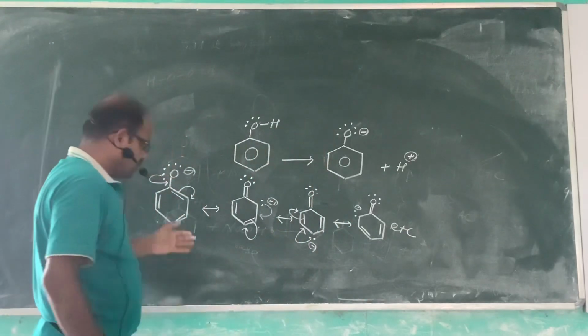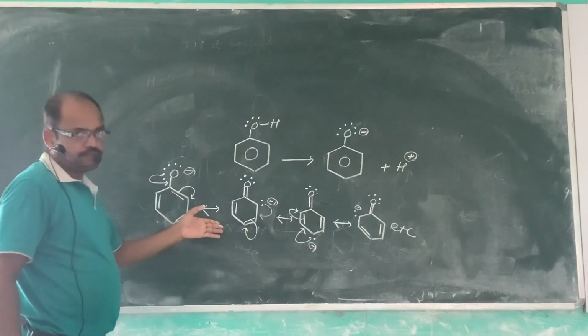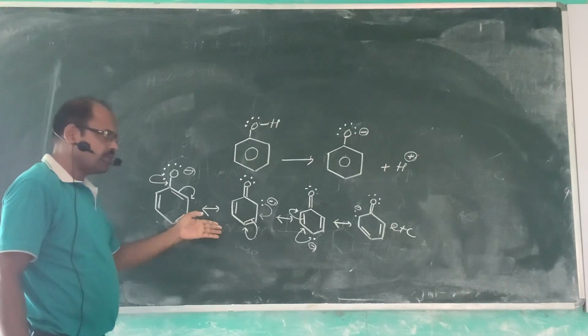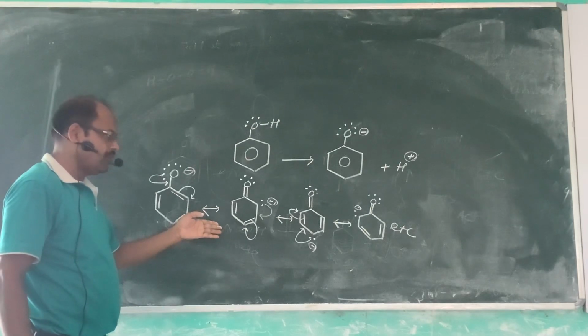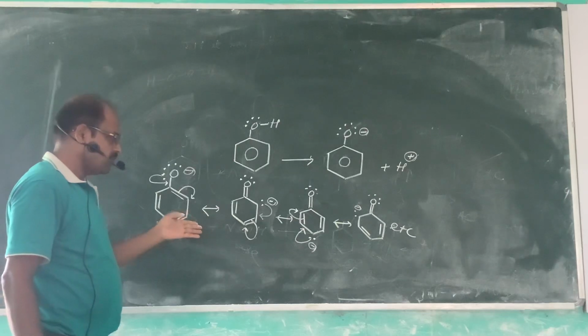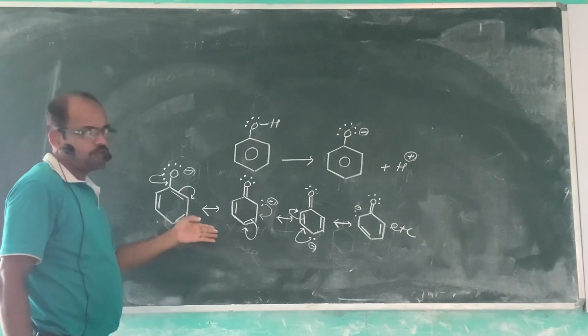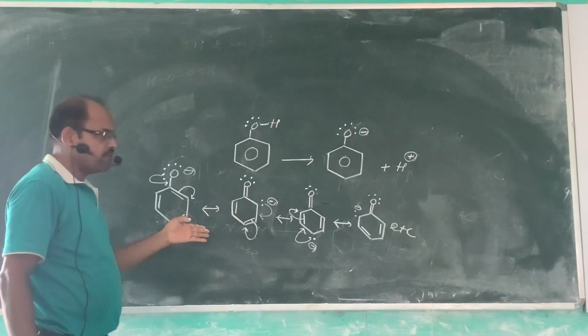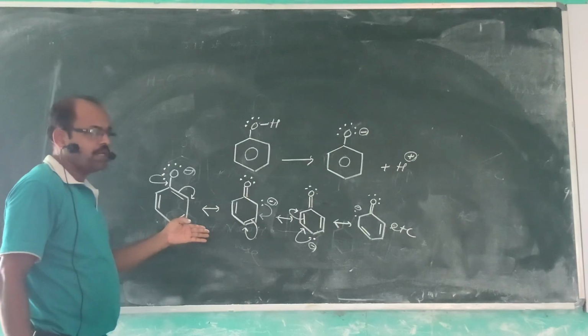These are the resonance structures of phenoxide ion. From the concept of resonance, we know that the greater the number of resonance structures, the greater is the stability of the compound. As phenoxide ion provides more resonance structures, phenoxide ion is a resonance stabilized ion.